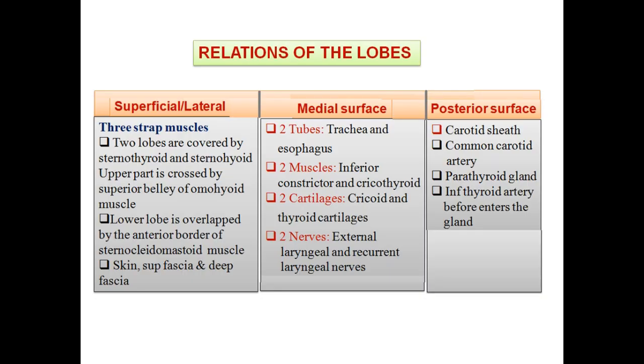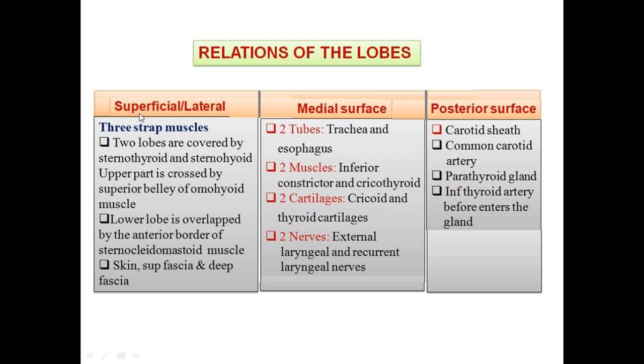Relations of the lobes: this table gives first-hand information about the relations of the superficial, medial and posterior surfaces.